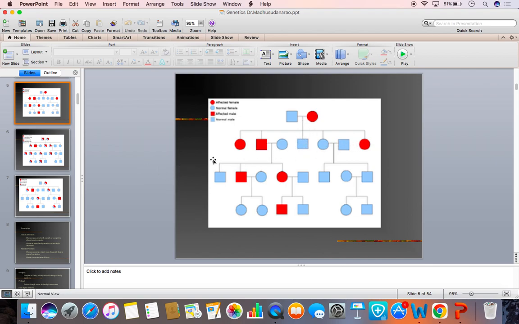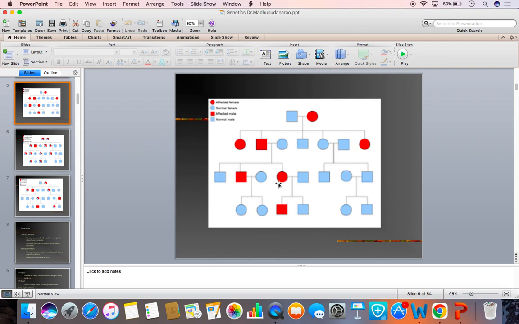they have got one child here. Okay, one, two, three, four. Out of four children, three are affected. In this generation again, there are diseased individuals. In each generation, there is one member of the family affected.